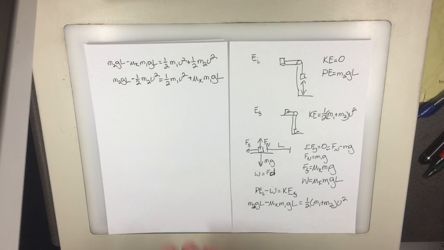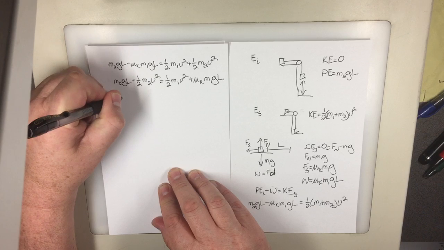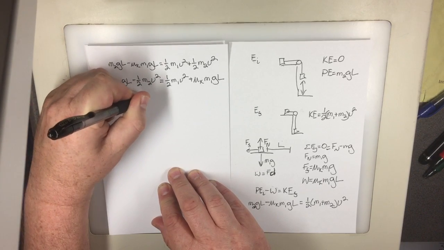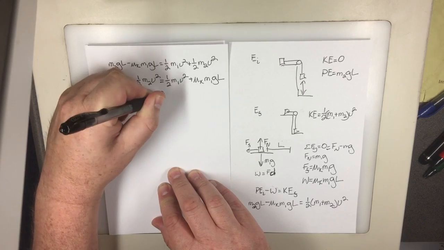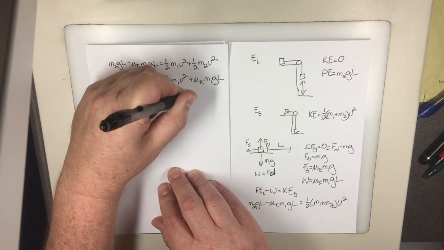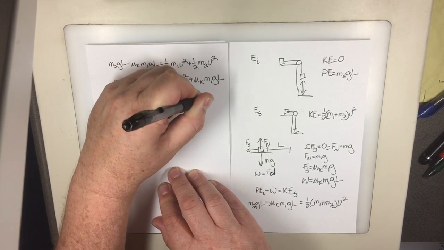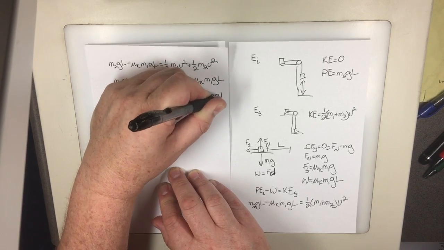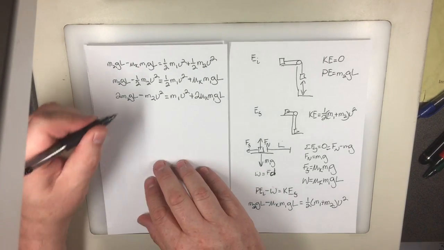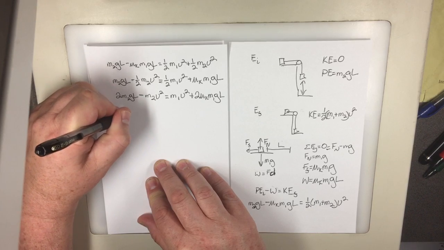Just because I don't like fractions, multiply everything by 2. This is an optional step. Next, factor out M1s and M2s.